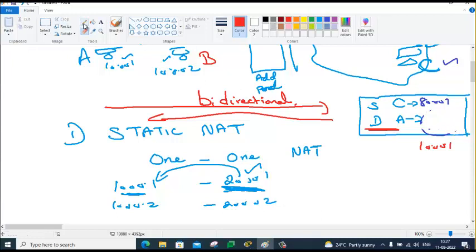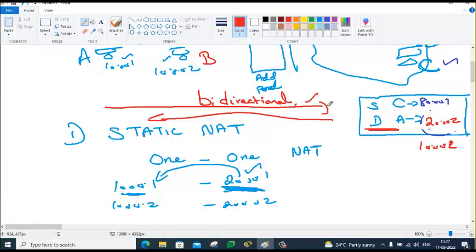So the packet will now come from C to the router, and the router will change to what address? Exactly. So communication can happen on both sides, but the other two NATs that you are going to learn are unidirectional. Only static NAT is bidirectional. That's the advantage of static NAT.